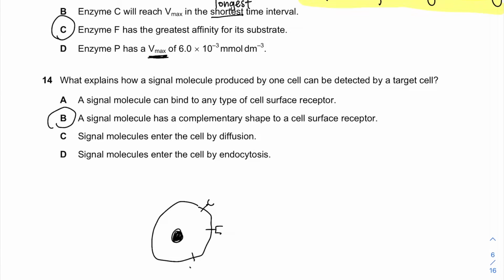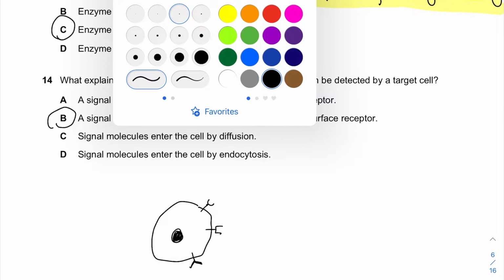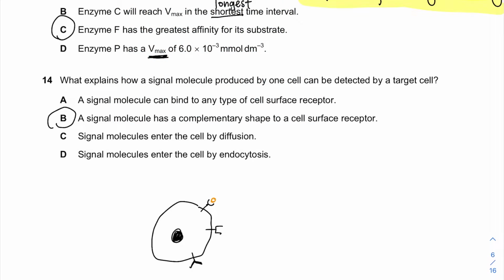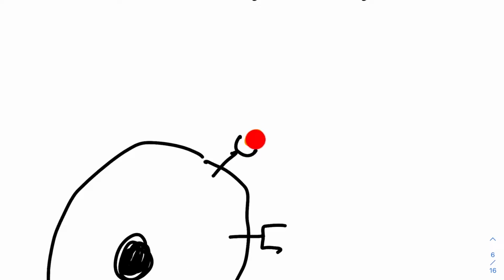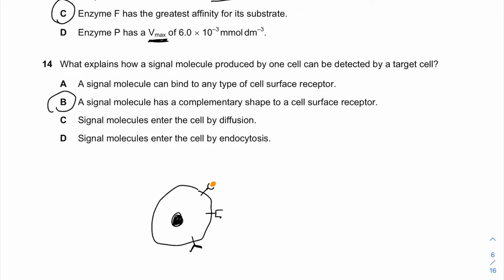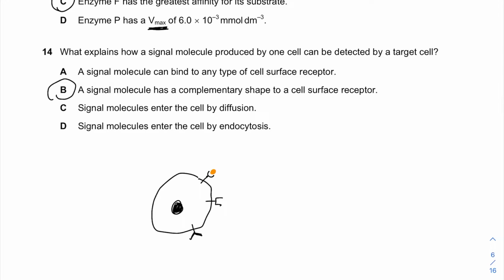There may be different receptors for different signals. So the signal is received when the shape of the signal is complementary to the shape of the receptor. So this is a very popular question that comes out quite a lot for topic 4. How a signal molecule can be detected, or cell signaling in general.